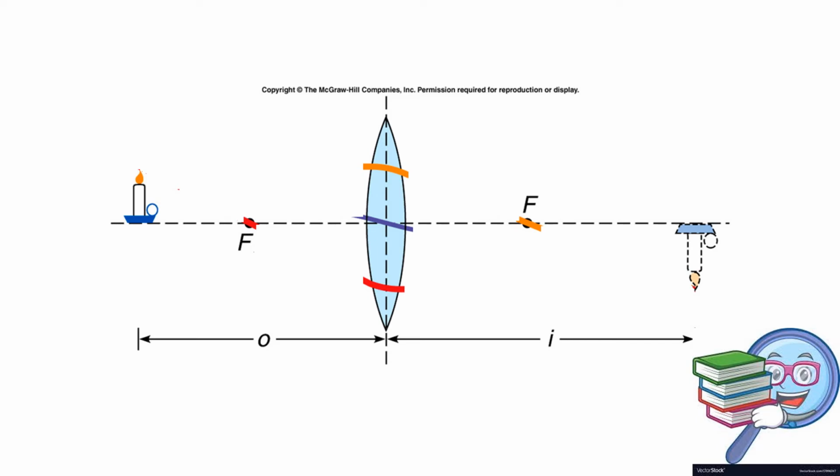How does a convex lens produce an image? Suppose the candle on the left is the object.